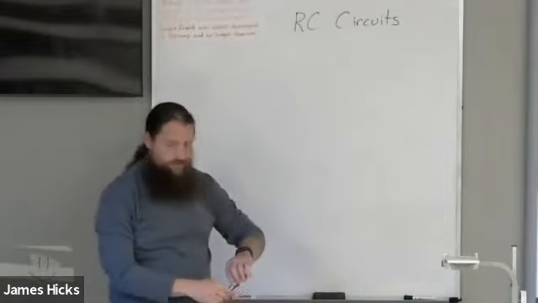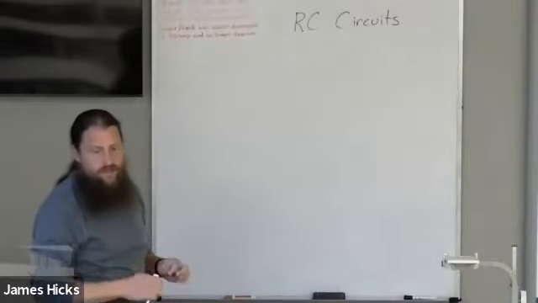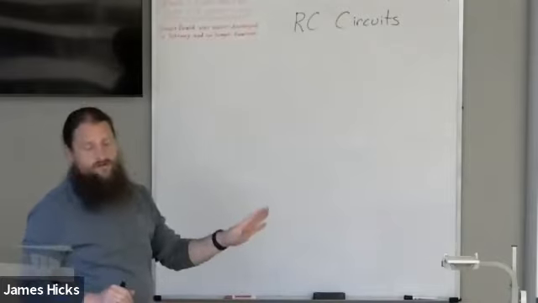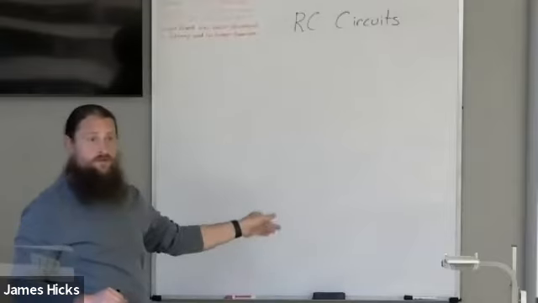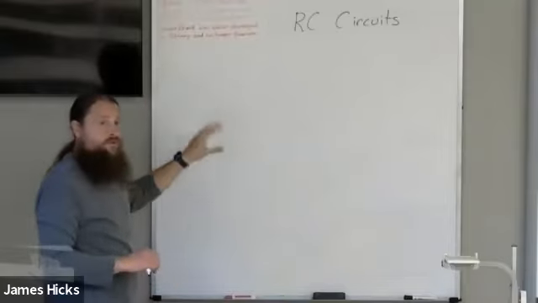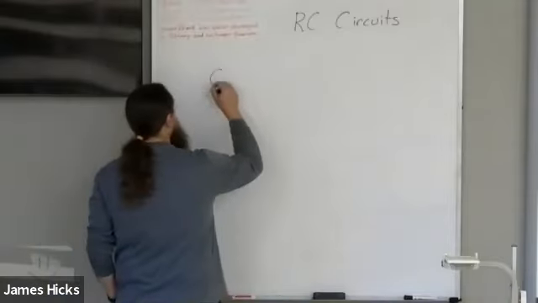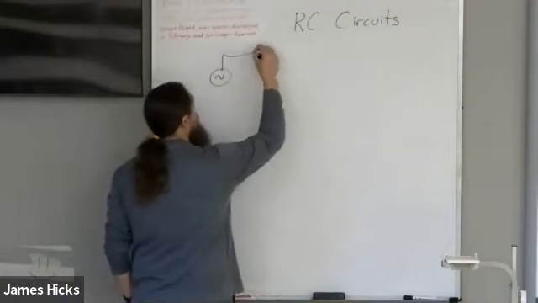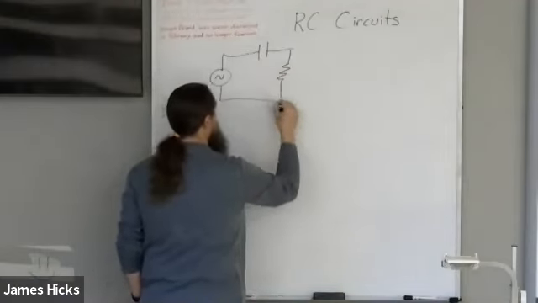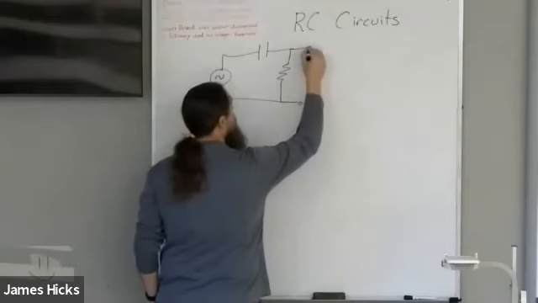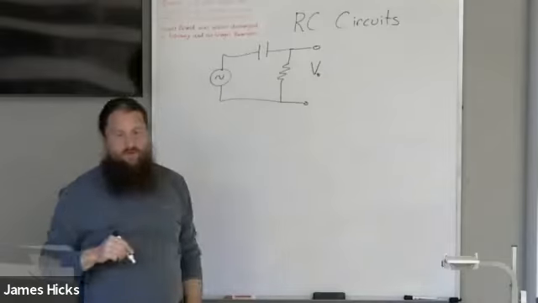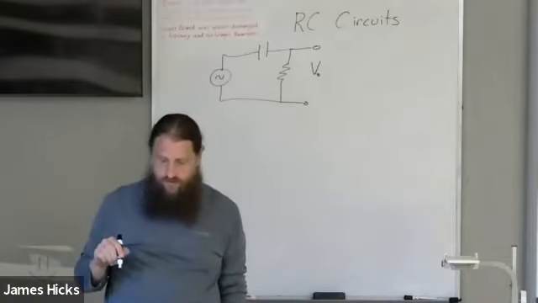Okay, so last thing we'll do real quick is, just like we did for RL circuits, we did a low pass filter. There's a high pass filter. Same thing for an RC circuit. Now I want to look at the output voltage on the resistor.